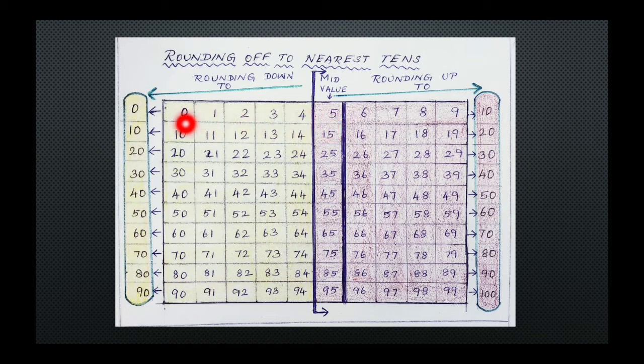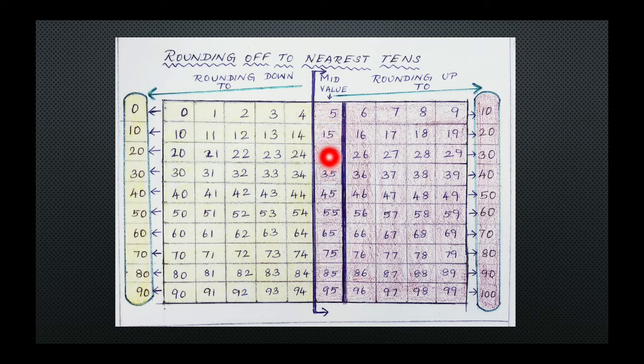We have 10 numbers here from 1 to 10 or 0 to 9. The middle value is 5. 5 is at equal distance to 0 and also to 10. So it is called middle value or mid value.